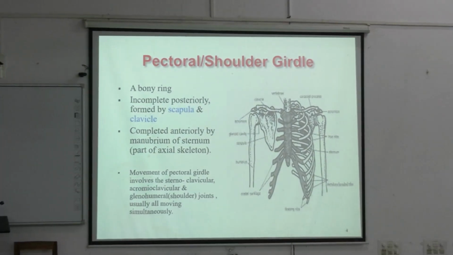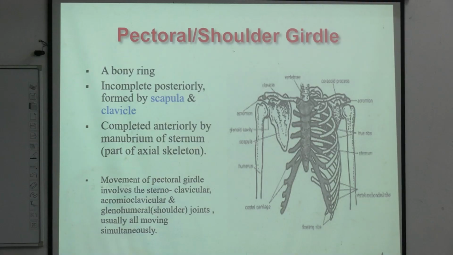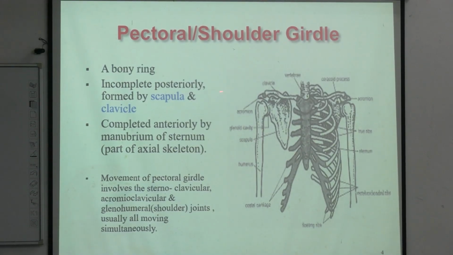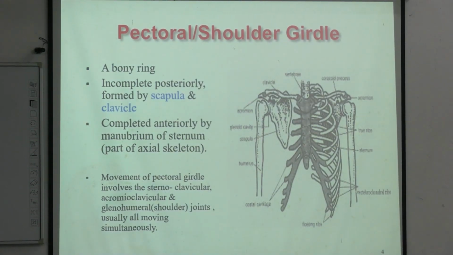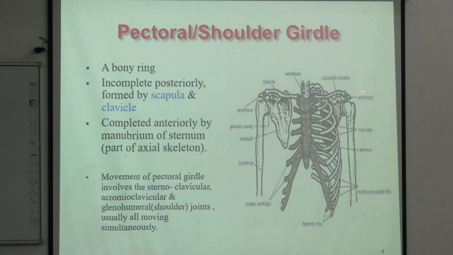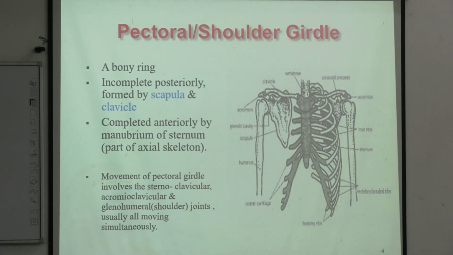So, we have to understand this is a near circular entity present in the shoulder region. This one half and the other half, that means the right half and the left half, together make a kind of continuous line over here, and on the back side it is a little bit incomplete because we have a bone on the back side, the scapula, which is not directly attached to the vertebral bone on the posterior side by means of joints. So, the back side of this pectoral or shoulder girdle is incomplete, but frontally it is more or less complete.